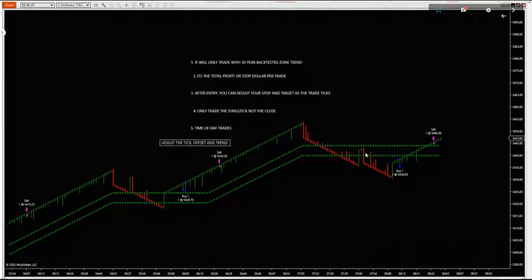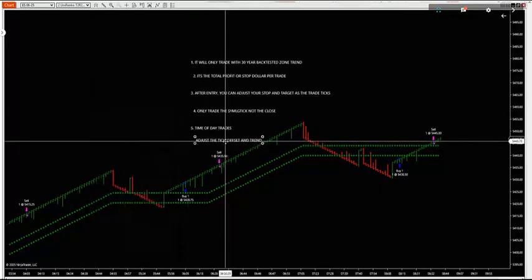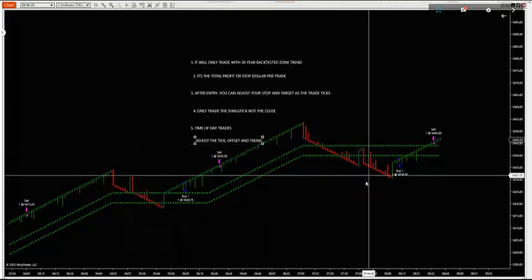I showed that in the room right now, just to show you how it works on a larger Renko size and a smaller Renko size, and I'll show you how you can only trade during optimal times using those charts, which I'll show you in a second. But you can adjust a tick, offset, and trend, and it will totally give you different results.